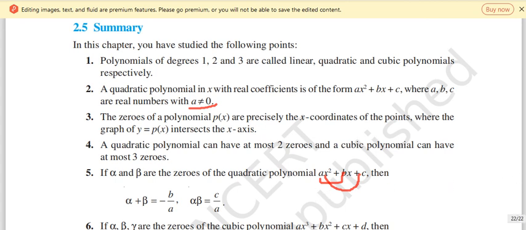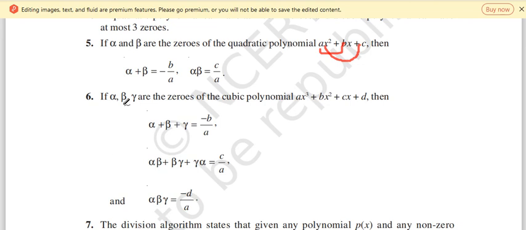Similarly, for the cubic polynomial, if alpha, beta and gamma are the zeros of the cubic polynomial ax cube plus bx square plus cx plus d, then alpha plus beta plus gamma is first, and odd is negative, so it is minus b by a.